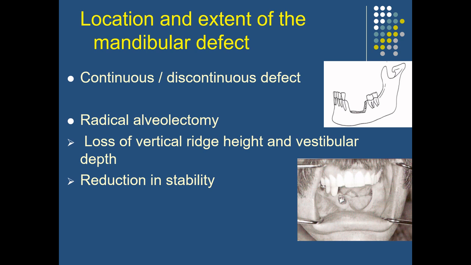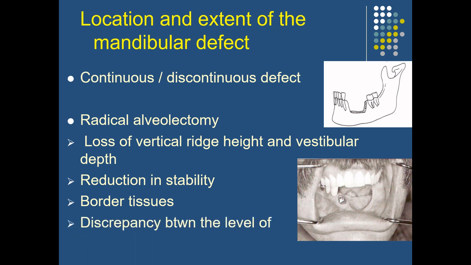And also, the border tissues may not permit prosthesis border extension for maximum retention, support and stability. And sometimes there may be a discrepancy between the level of residual osseous support and the opposing dentition at the level of the occlusal plane. So this vertical discrepancy is of particular importance when the prosthesis is supported by dental implants.